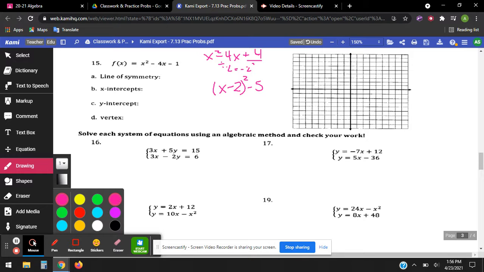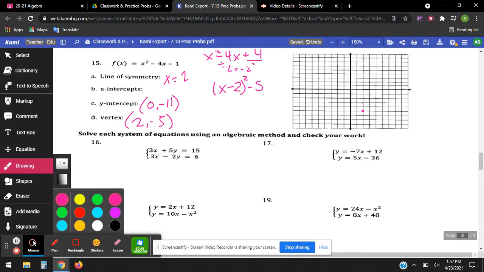Yeah. All right, so my vertex is at 2, negative 5. 1, 2, 3, 4, 5. So my line of symmetry is at x equals 2. My y-intercept is 0 minus 2 is negative 2, squared is 4. 4 minus 5 is negative 1. So 0, negative 1. And my vertex is 2, comma, negative 5.